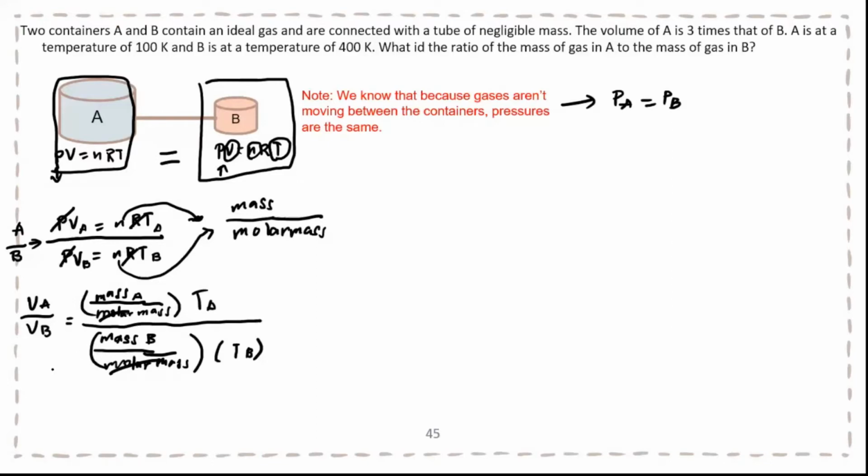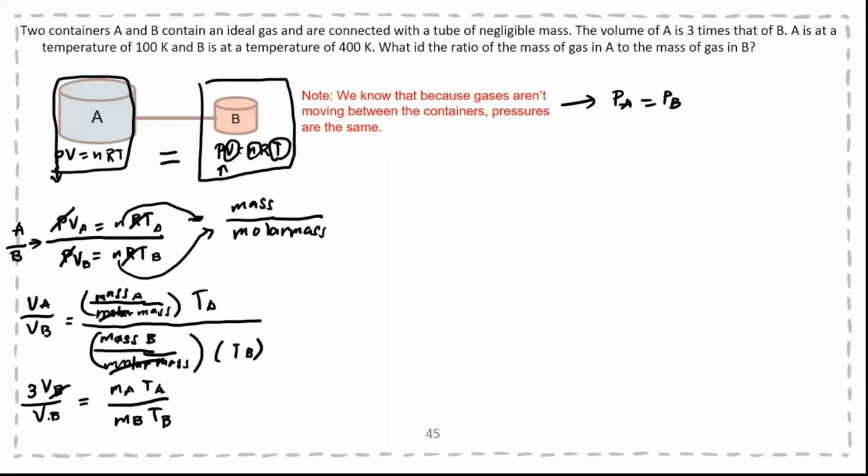Okay? You are left with VA over VB is equal to mass A times temperature A over mass B times temperature B. So we are given that the volume of A is 3 times the volume of B. So VA is equal to 3 VB, over VB equal to MA TA over MB TB.